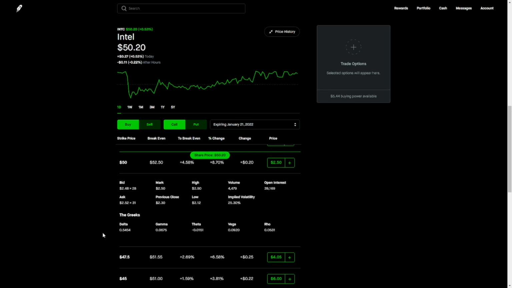So for every dollar the actual stock goes up or down, that's how much delta is added or taken off from the premium, right? So if Intel goes up to $51, this delta right here will be added to the premium. So if Intel hits $51, your premium should be about $300, meaning you made $50 profit.